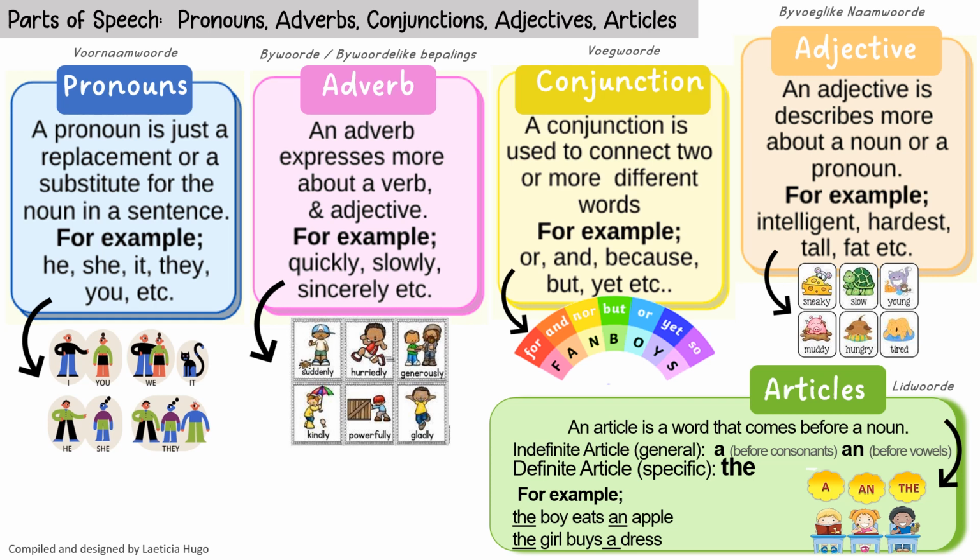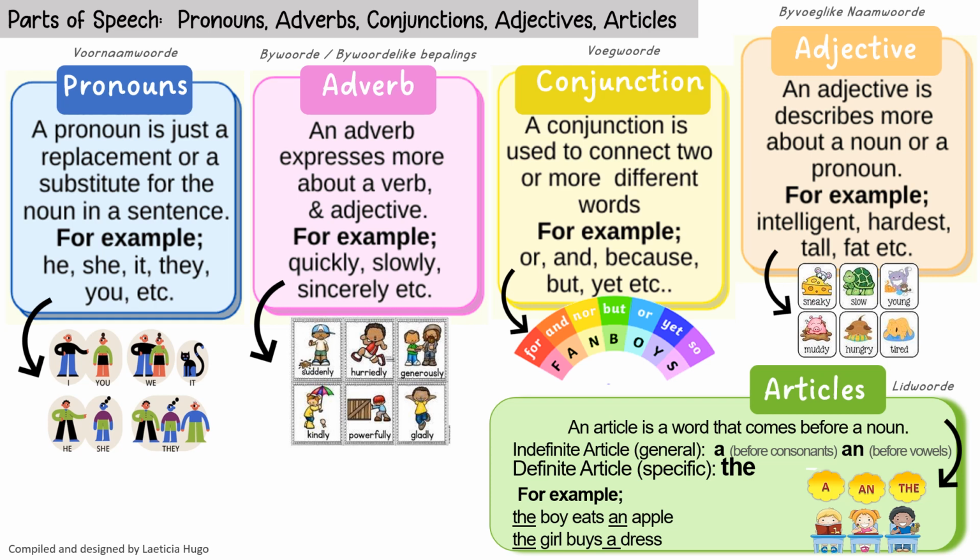We use a pronoun to substitute the word Carla, because saying those three sentences and using Carla's name the whole time just sounds silly. So if we say, "Carla goes to the shops, Carla buys a present because Carla is going to a party," we don't do that. We substitute her name with "she".